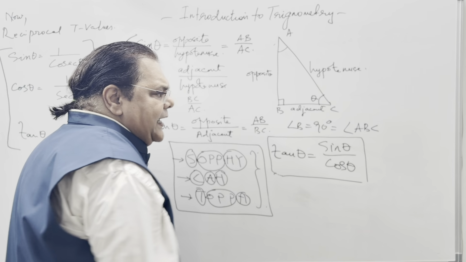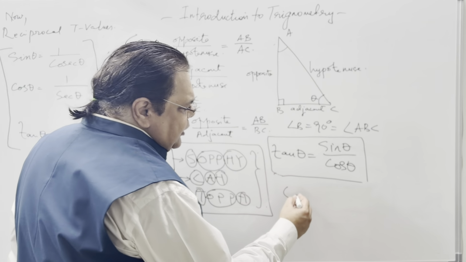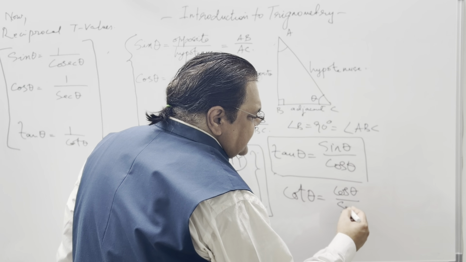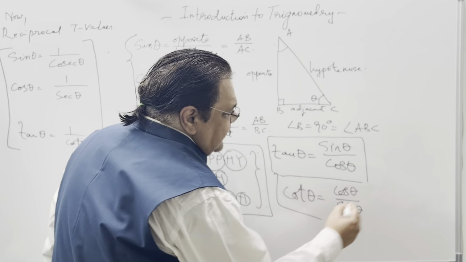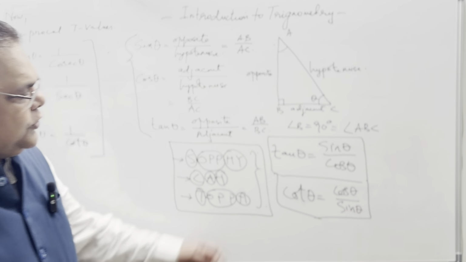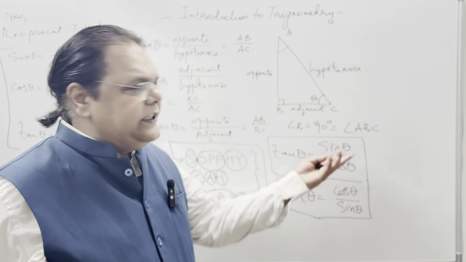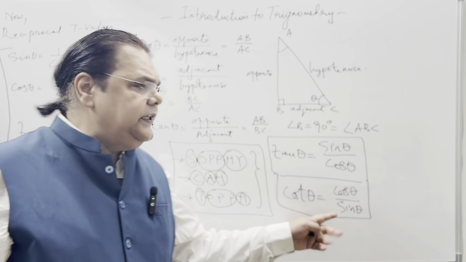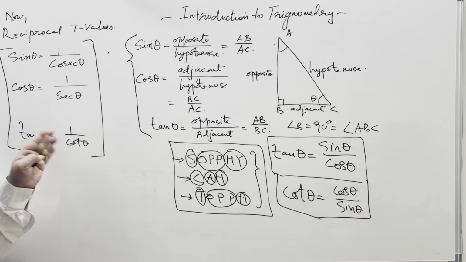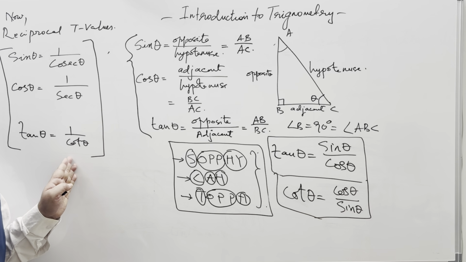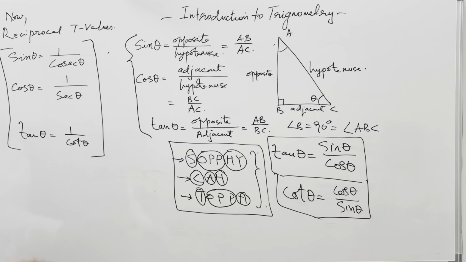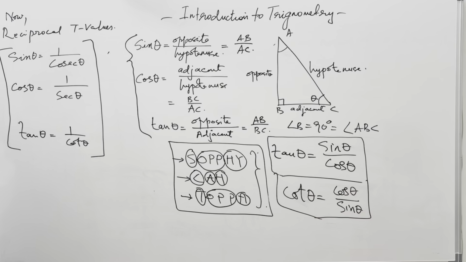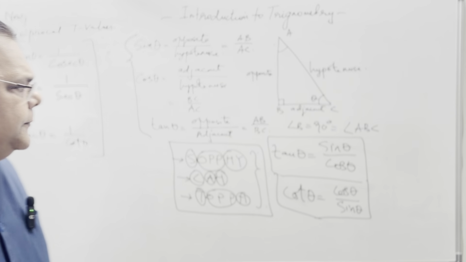Here we wrote tan theta is equal to sine theta by cos theta. Similarly, cot theta can also be written as cos theta by sine theta. So tan theta and cot theta in terms of sine theta and cos theta. You can see tan theta is sine by cos theta and cot theta is cos theta by sine theta. Reason being tan theta is reciprocal of cot theta. Correct? So these are very important: trigonometric ratios, reciprocal values, tan theta in terms of sine theta and cos theta.